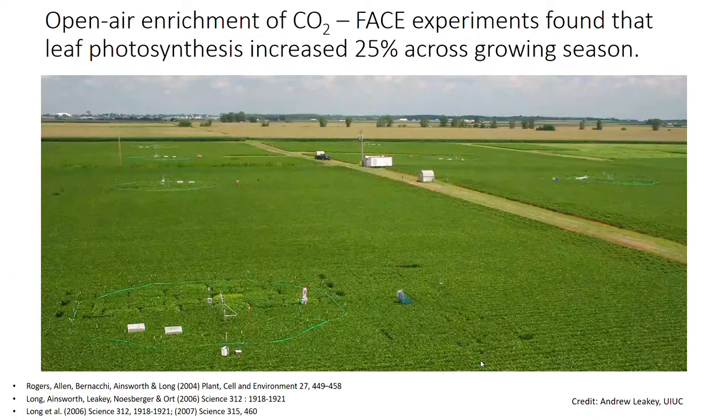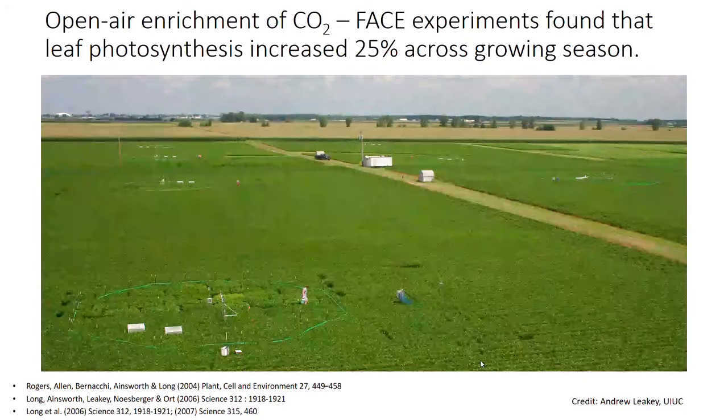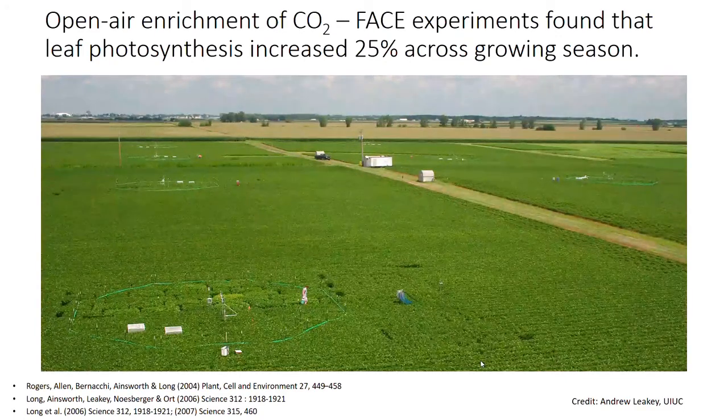Like any good proof of concept question, we ask a question that we already know the answer to. Studies at the University of Illinois SoyFACE facility, and FACE stands for free air carbon enrichment experiment, have shown that soybean has a marked physiological response to elevated CO2, specifically leaf photosynthesis increased 25% across growing seasons inside elevated CO2 rings compared to the same genotype of plants that were grown under ambient CO2 conditions.